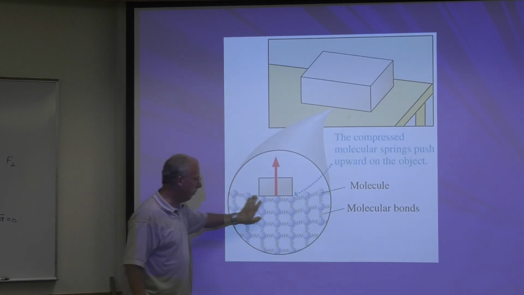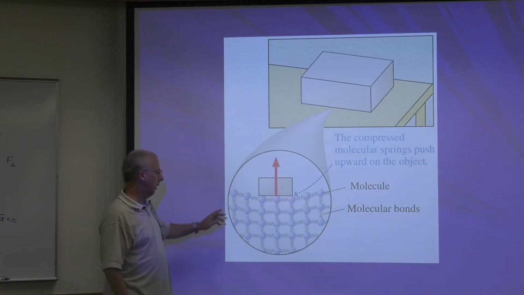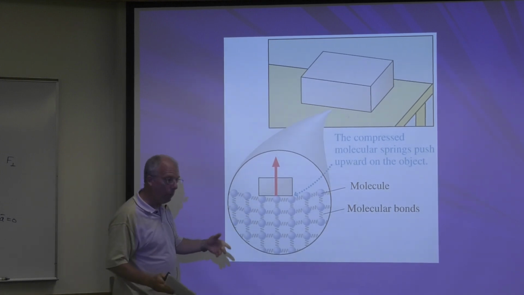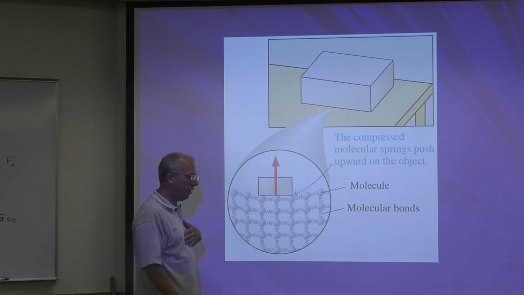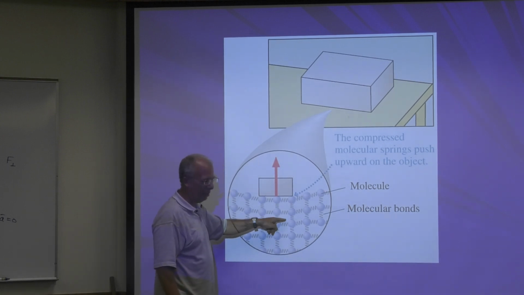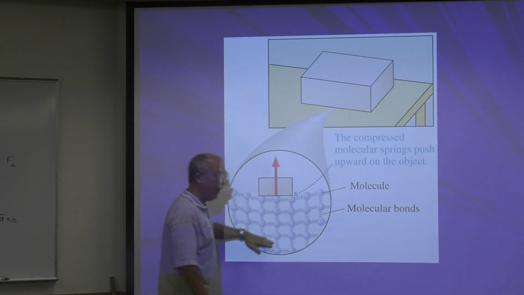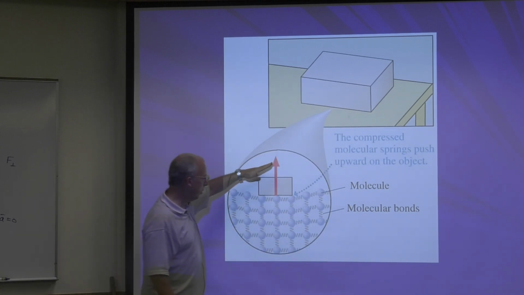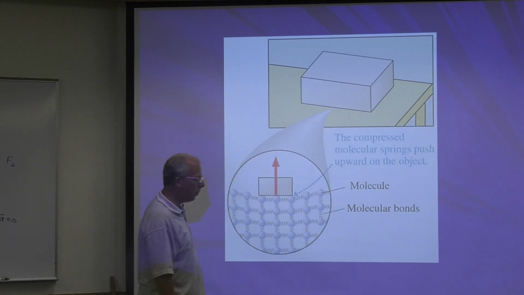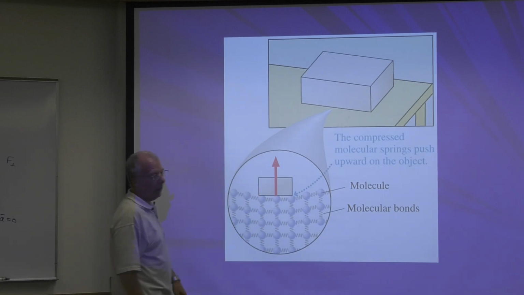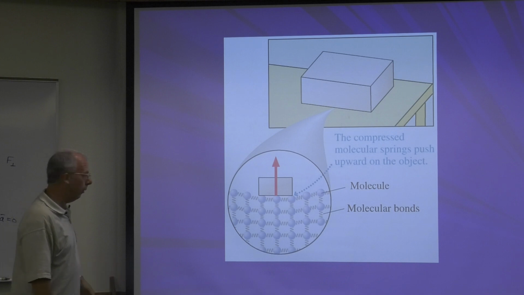Molecules, held together with molecular bonds. We think of these bonds as little springs. The box is pushing on the springs, and the springs push back up. On the molecular level, that's what the normal force is.